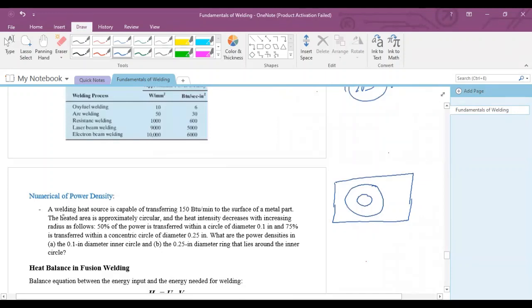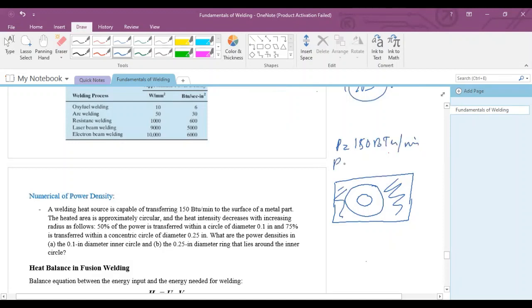A welding heat source is capable of transferring 150 BTU per minute to the surface of a metal. There is one metal surface, and 150 BTU per minute is transferring to this surface.